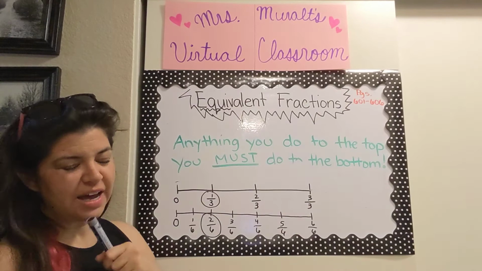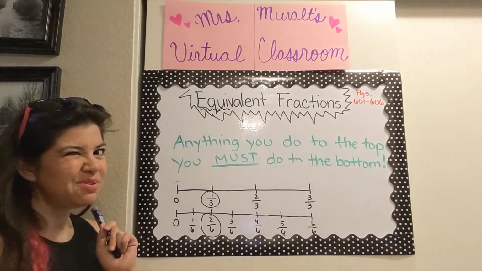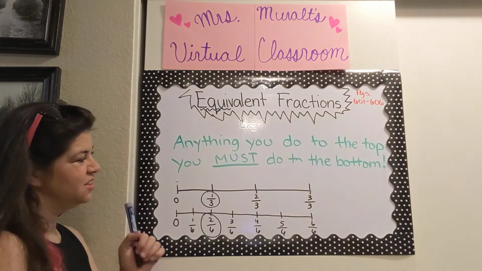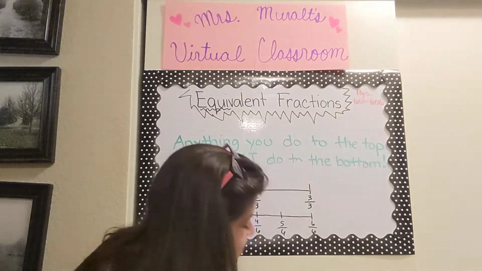I want us to go ahead and look at matching up the equivalent fractions because that can be kind of tricky. So now that we understand this, go ahead and look at page 603.